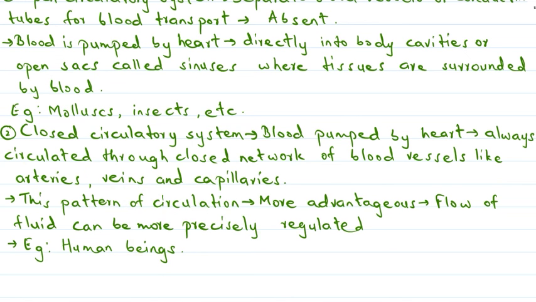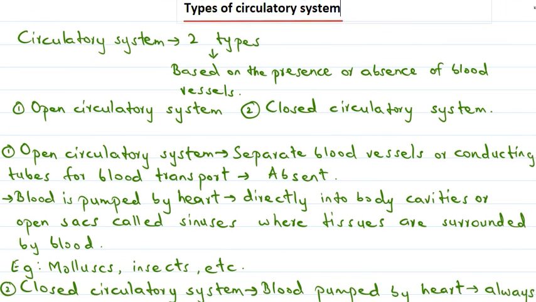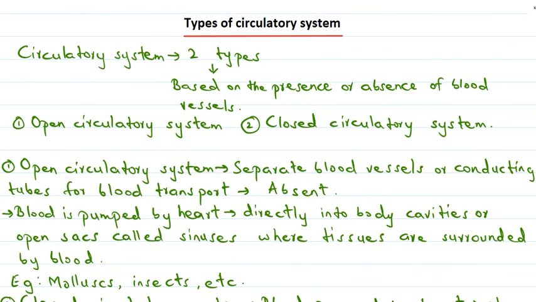So now let's revise the things that we have covered today. We studied that circulatory system is of two types, and these types are based on the fact that if the blood vessels are present or they are absent. So based on this fact, the circulatory systems are of two types, which are open circulatory system and the closed circulatory system.